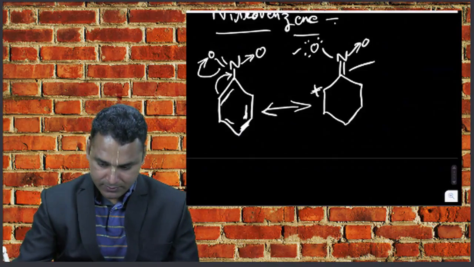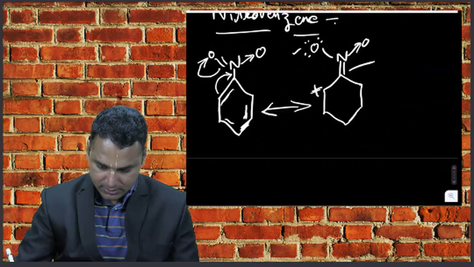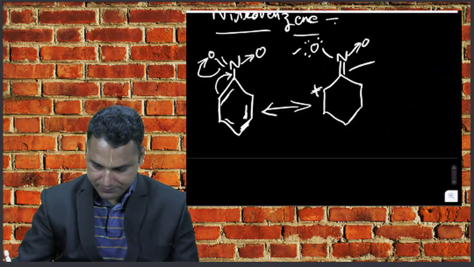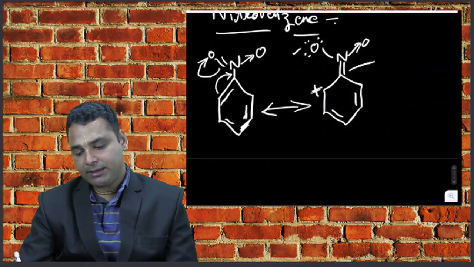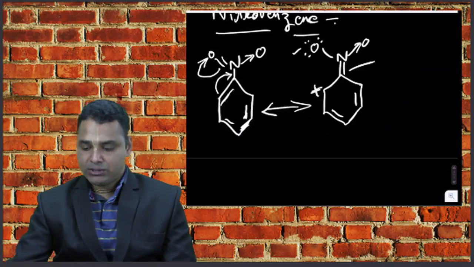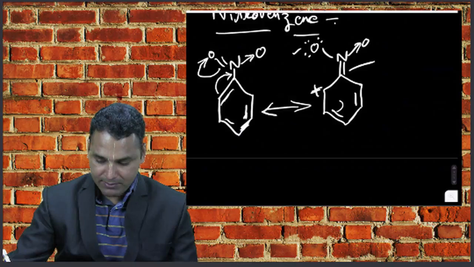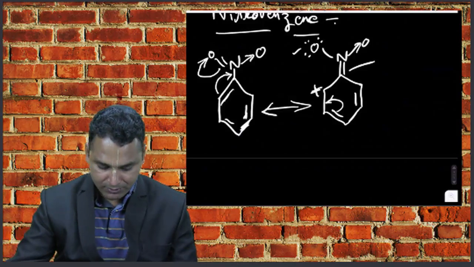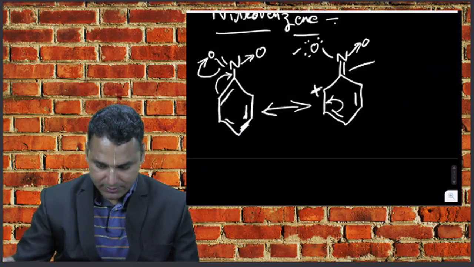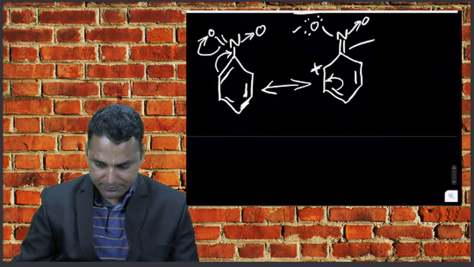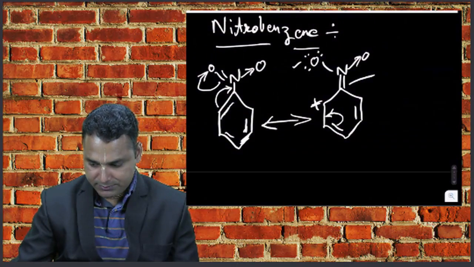The rest is the same. But now what happened? Here the deficiency is found. So now this double bond will break up and it will be shifted to this position. We'll see that in the next diagram. This is the continuation.